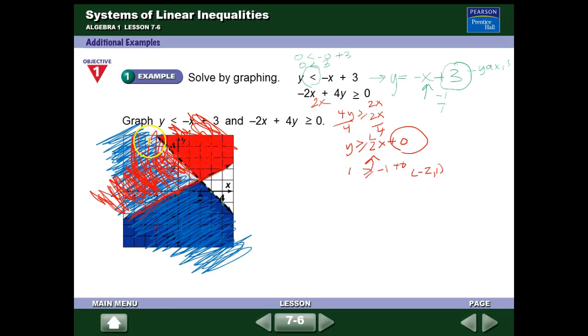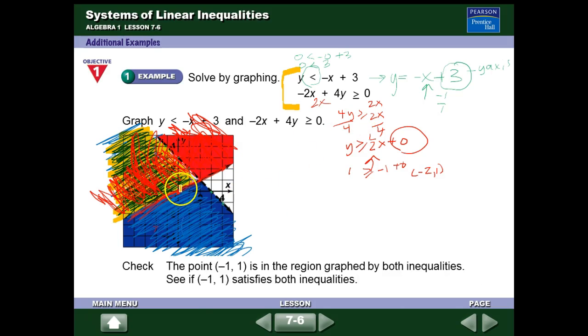I'm going to highlight here in yellow our overlap area. This overlap area is stating that any ordered pair in the area highlighted in yellow is a solution to this system of inequalities.